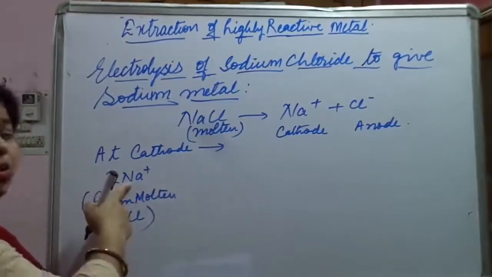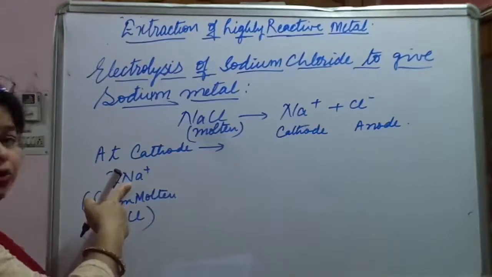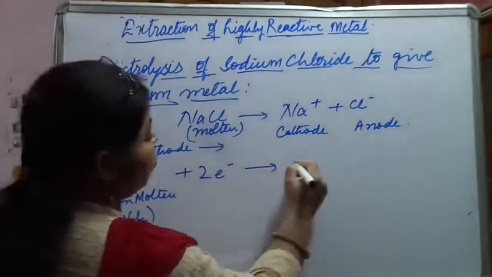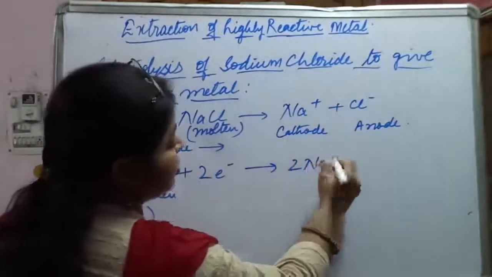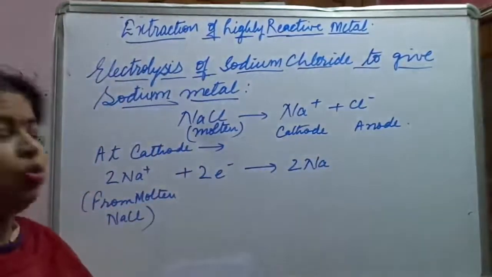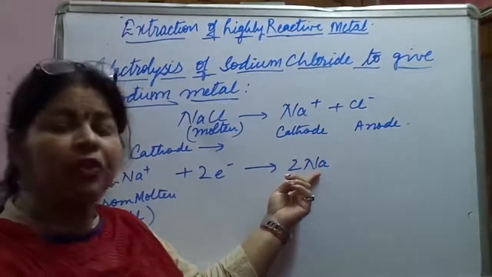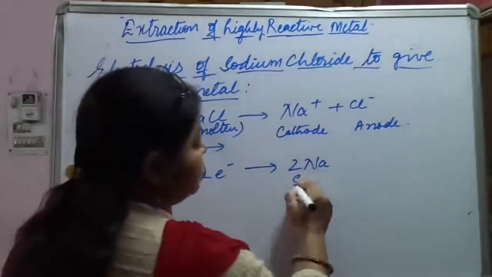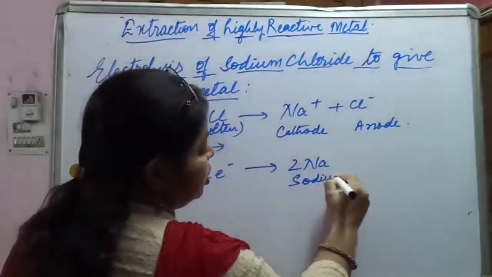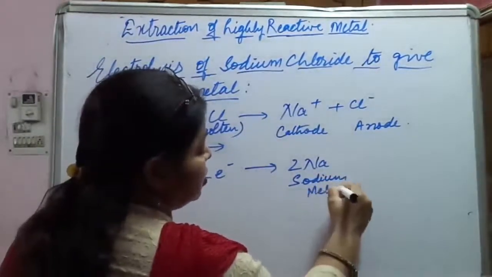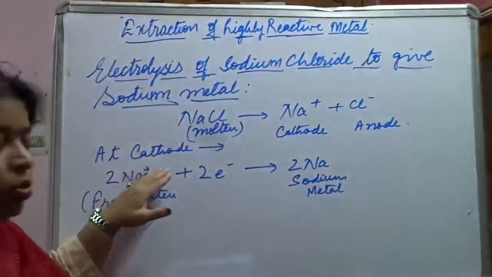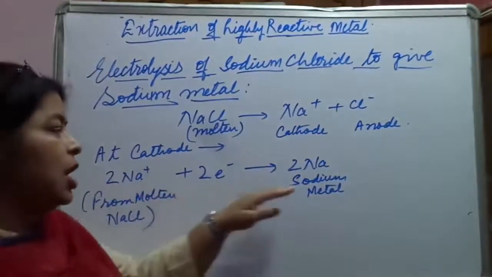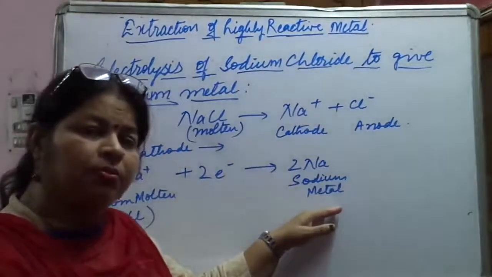So two ions of sodium will take 2 electrons and form 2Na. Okay, 2 atoms of Na, sodium metal, will be produced. On cathode, the sodium ion is going to accept electrons and will become sodium metal.